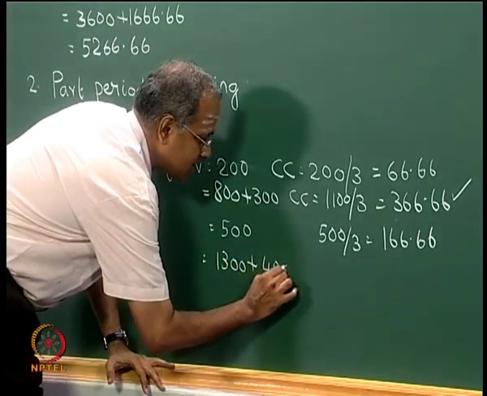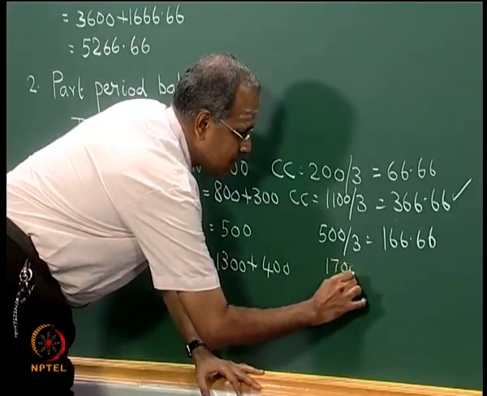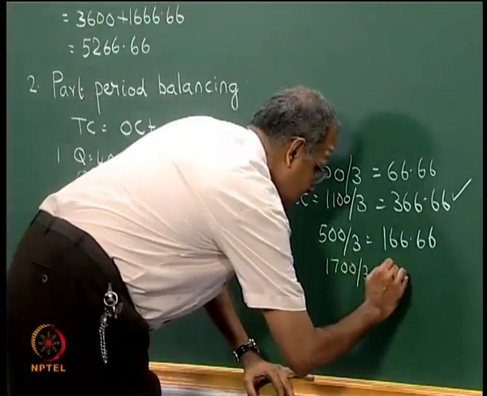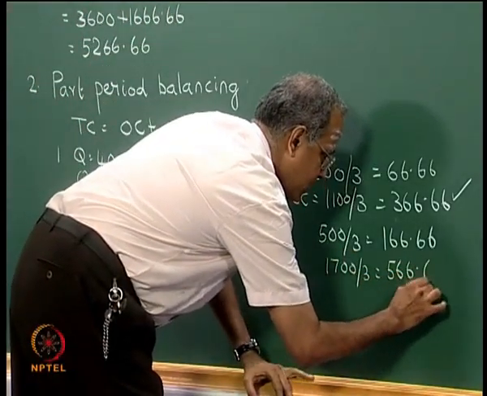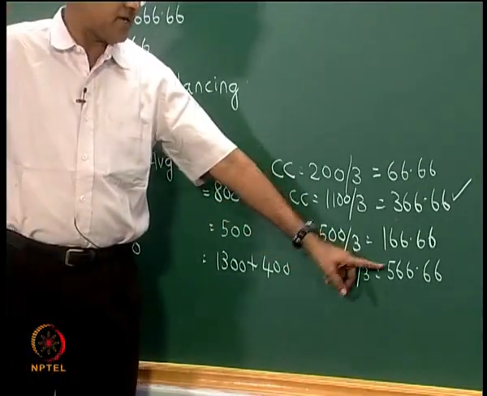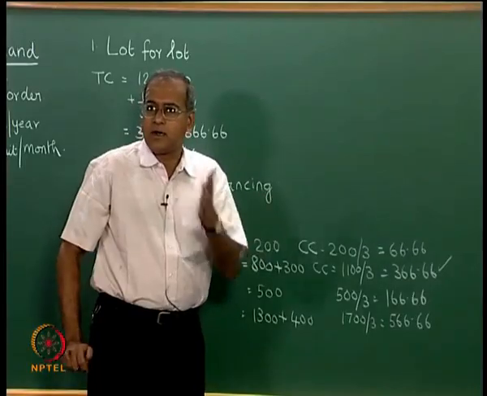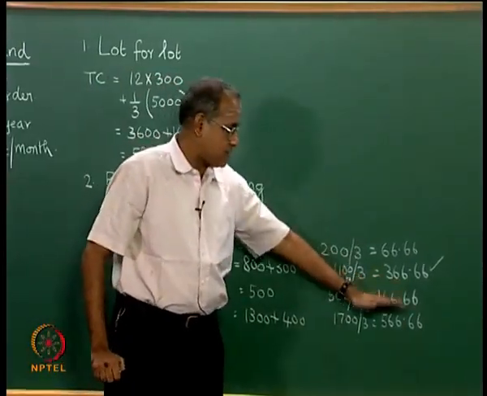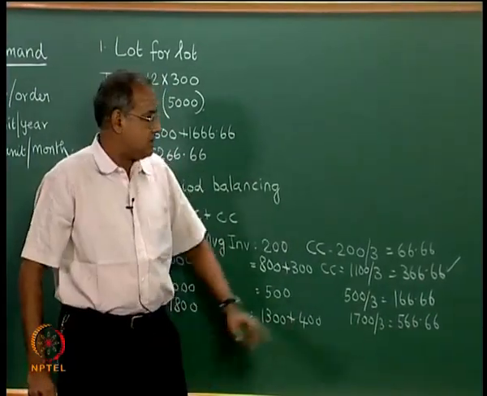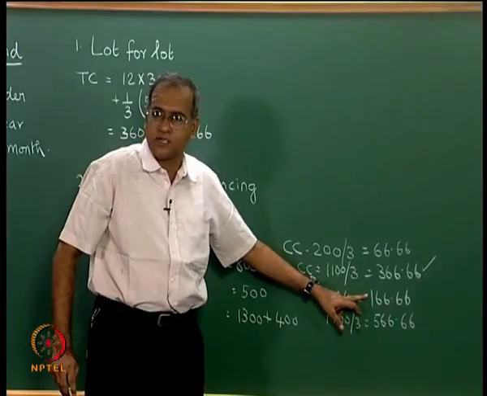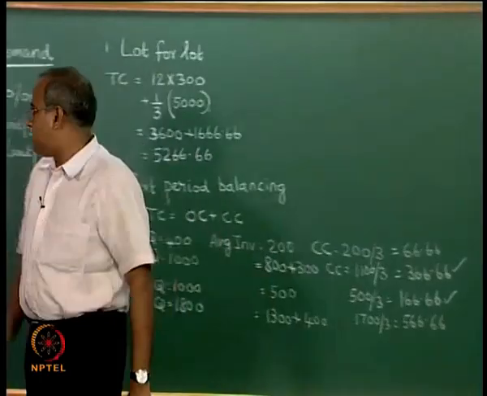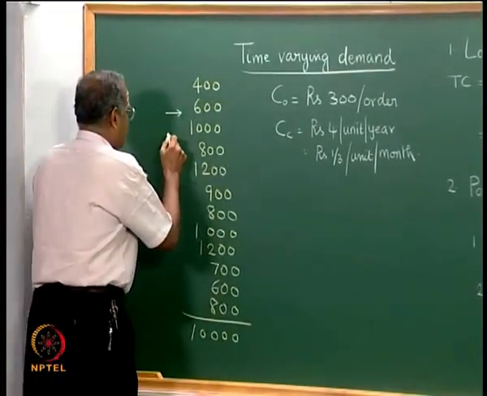So this is 1700, and 1700 divided by 3 is 566.66. Now this 566.66 has exceeded the order cost of 300, therefore we stop here and see which one is closer to 300. So 166.66 is closer to 300, therefore we place an order here, which means your second order is only for 1000.